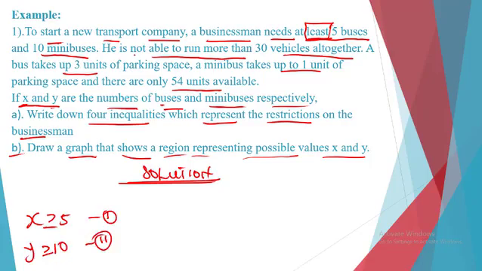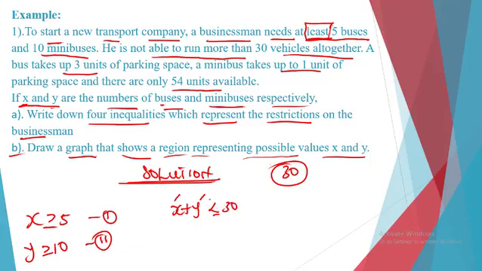Then thirdly, he said he is not able to run more than 30 vehicles altogether. So it means that the highest number of vehicles he can possess is 30. We are told that X and Y are buses and minibuses, so the total he can have is X plus Y. The total number of buses and minibuses should be less than or equal to 30.